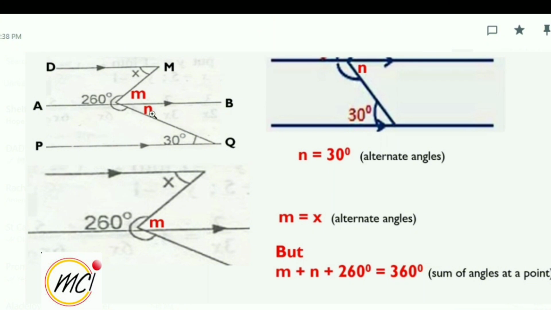Since N is 30 degrees, add 30 degrees to 260 degrees, you have 290 degrees. Subtract it from 360 degrees and you will have what M is. And whatever M is, that is what X is. Are you happy? Go to work and get what angle X is. Do you understand, or do you want more explanation?